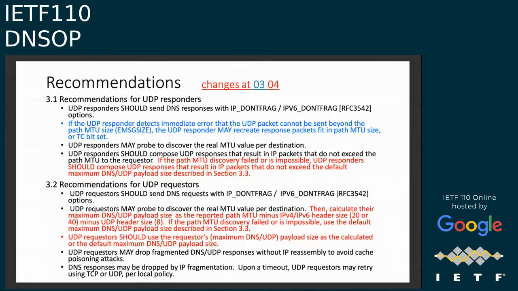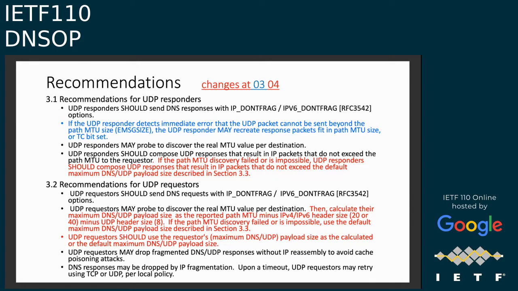And the red part is changes at 04. If the PathMTU discovery failure is impossible, UDP responders should compose UDP responses that result in IP packets that do not exceed the default maximum DNS UDP payload size described in section 3.3.